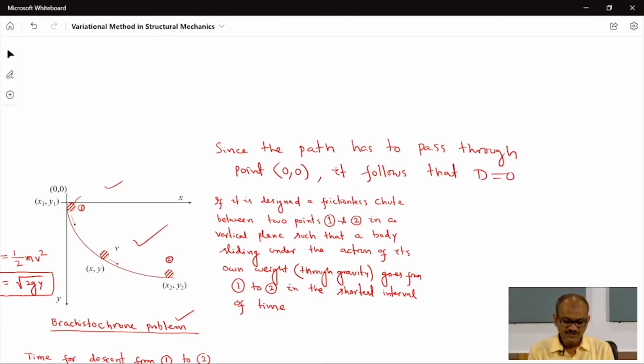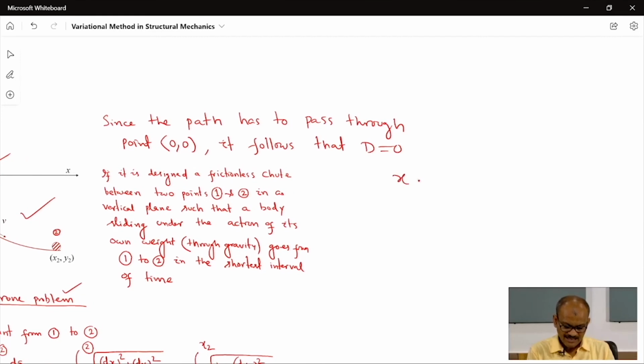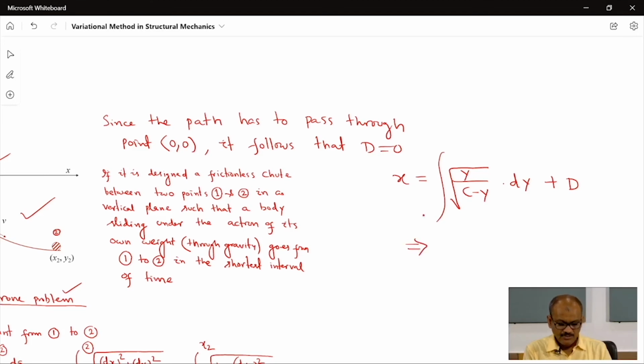How is d equal to 0? You see, x is equal to the integration of root over of y by (c minus y) into dy plus d. So if y is equal to 0, x is equal to 0. This implies d is equal to 0.